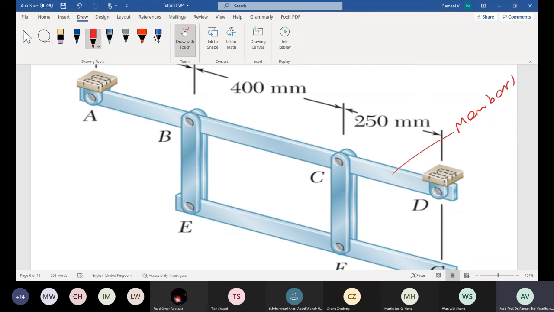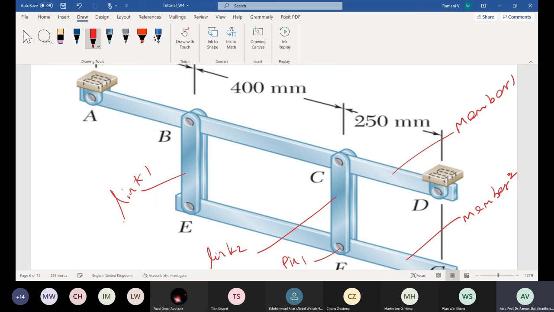Understand the given data first, then the two links: link 1, link 2, and pin 1. On the other side there is a pin which I cannot mark for you now, but in the plan view you can see it. Please imagine it like the last time. That's why I brought this question for you. This is pin 2.